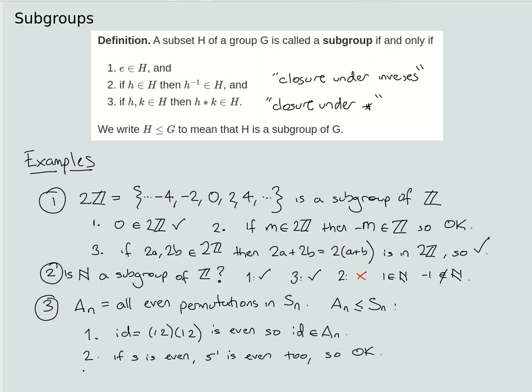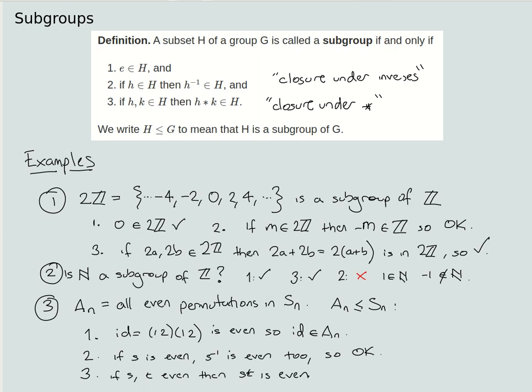And finally, number 3, again, a product of two even permutations is even. We proved this when we studied permutations. So if S and T are even, then their composition, their product under the group operation, ST, is even.